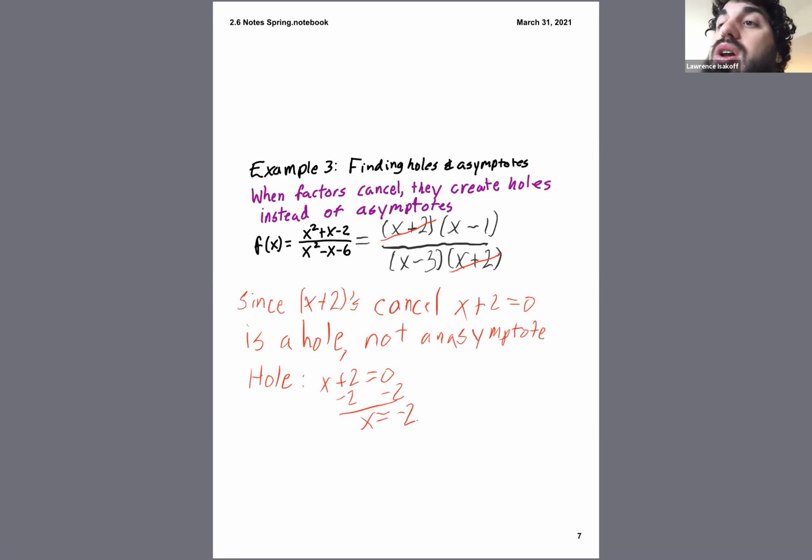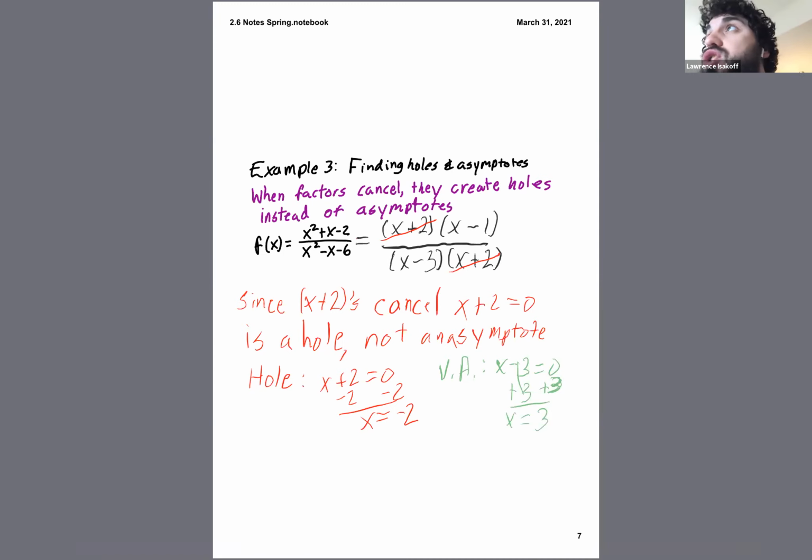That's a hole. Now I want to do vertical asymptote. It's going to be what's left in the denominator. x minus 3 equals 0. Add 3 to both sides. x equals 3.